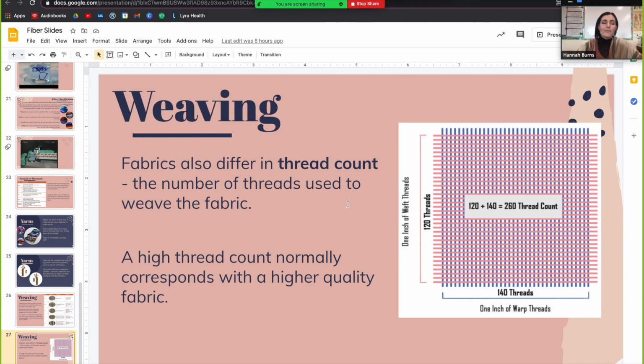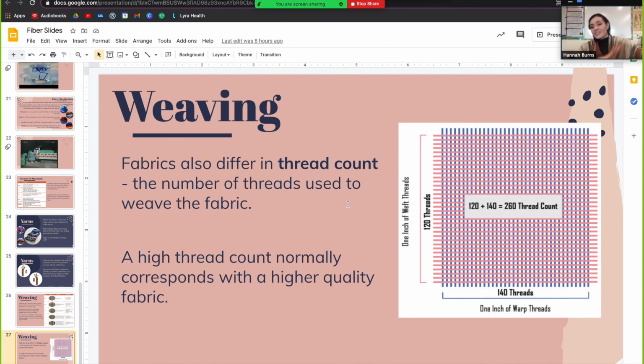Normally a higher thread count corresponds with higher quality fabric. That's not always true, and there's a bunch of conversations on the internet about whether buying more expensive high thread count bed sheets is worth it, but I will leave that to you guys to investigate.